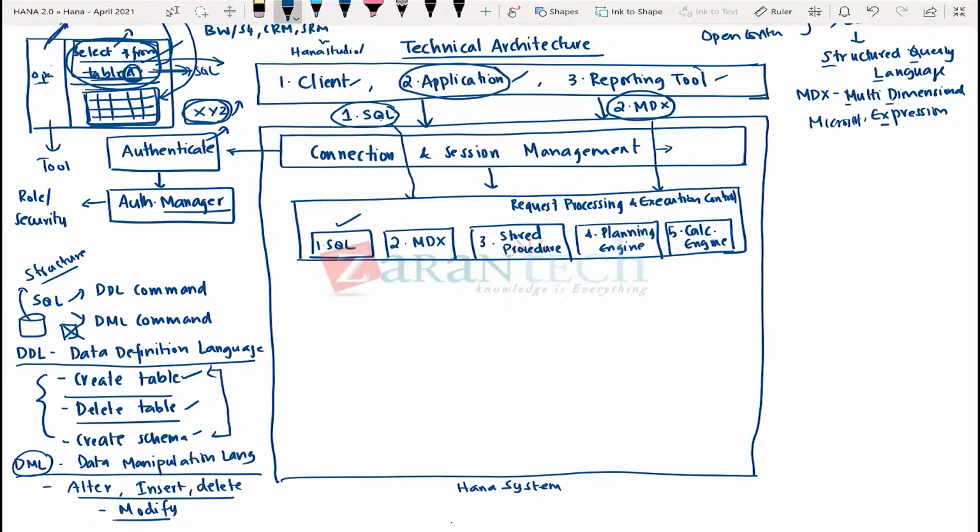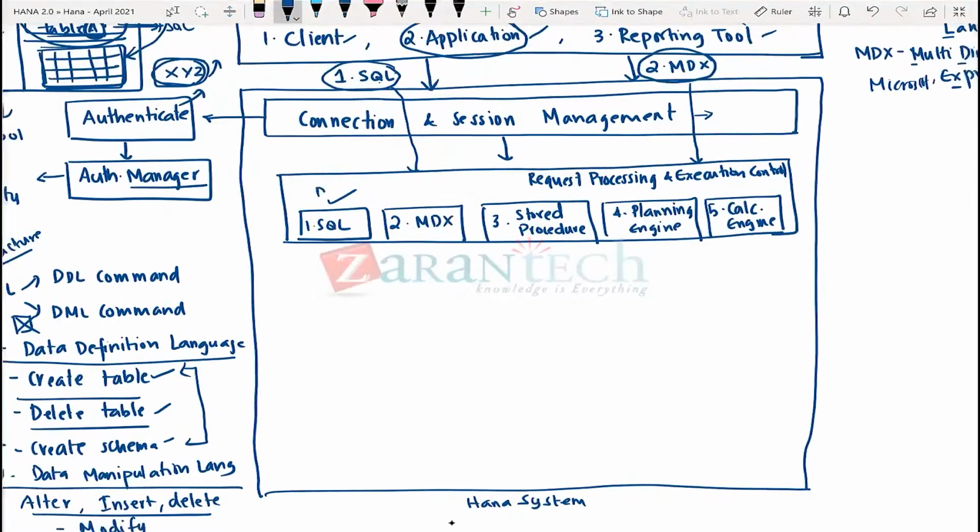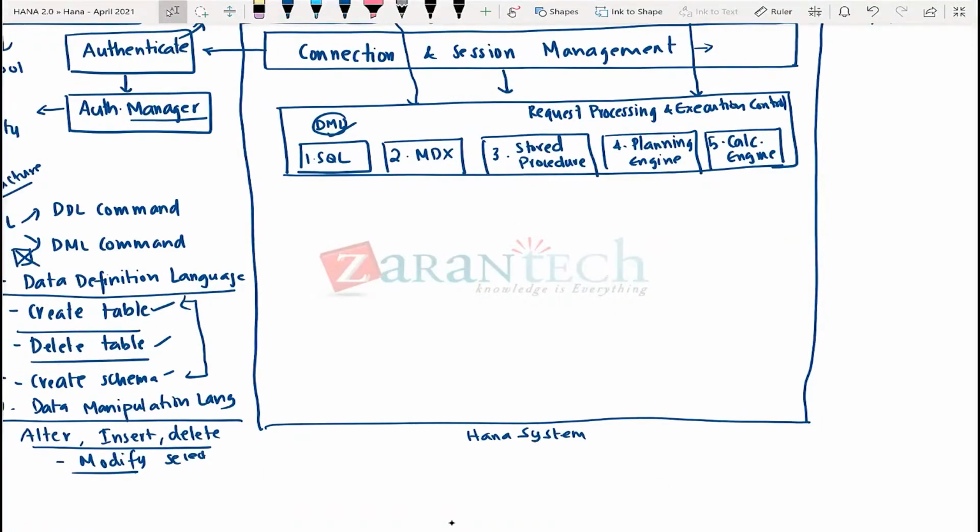The SQL engine is capable of handling all DML commands. Anytime you have a select statement, if you can see this, so if I say select star from this table, or if I say open content, it's nothing but doing a select of information.